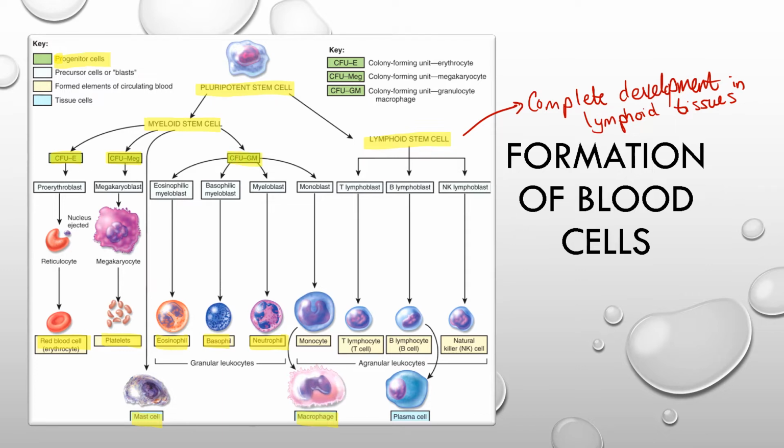And in the next generation, the cells are called precursor cells. These are also known as blasts. So proerythroblast, these are going to be the precursors to erythrocytes, which are red blood cells. Megakaryoblasts are the precursor cells to megakaryocytes, and so on and so forth.